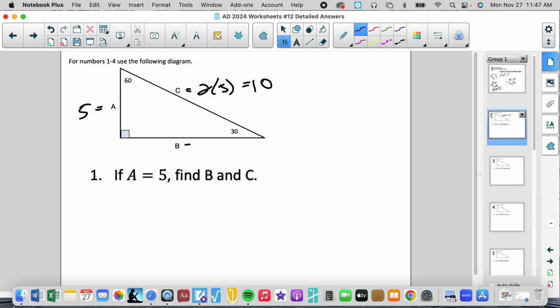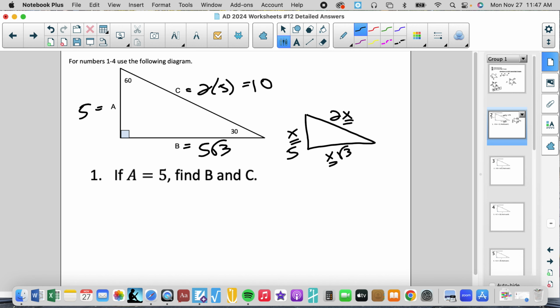And we know that the long leg is going to be 5 rad 3, because if this is x, this is going to be 2x, and this is going to be x rad 3. So we're just going to substitute those values in for x to get our solutions.